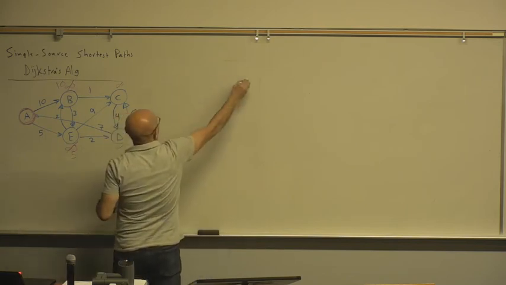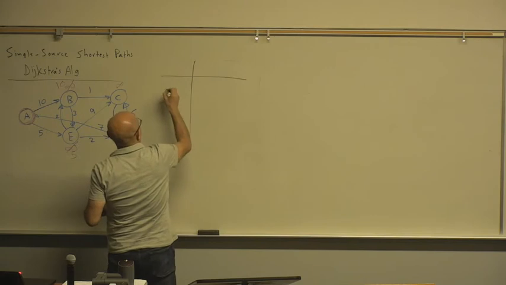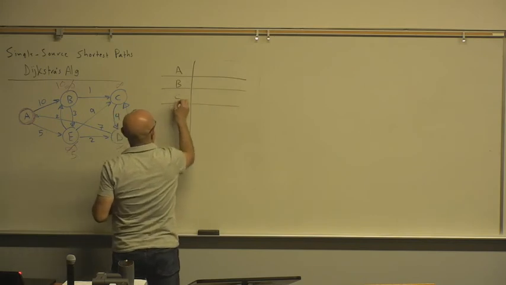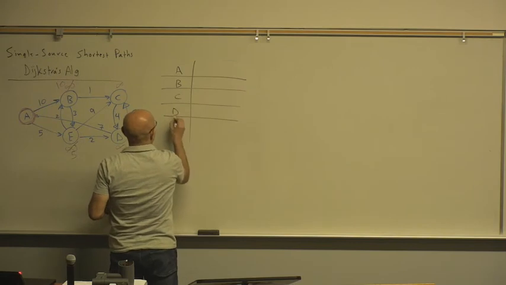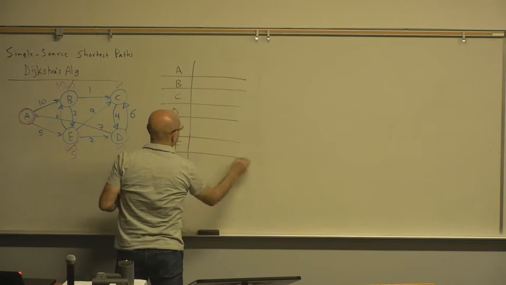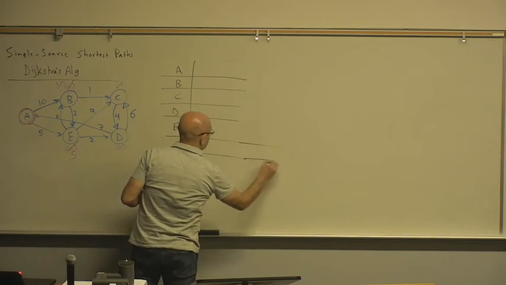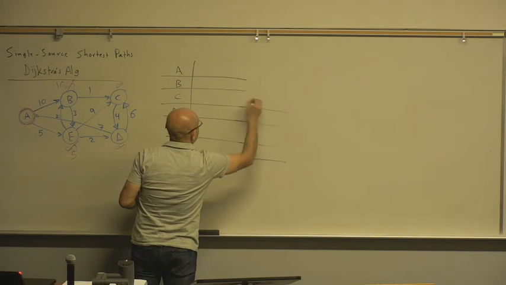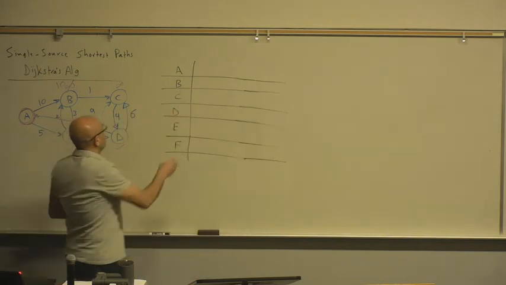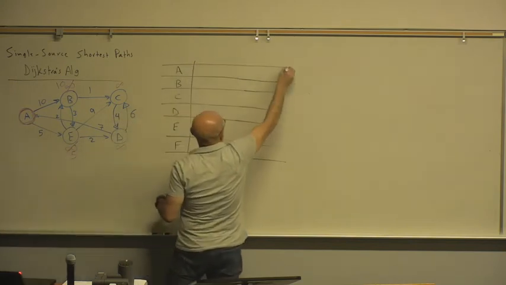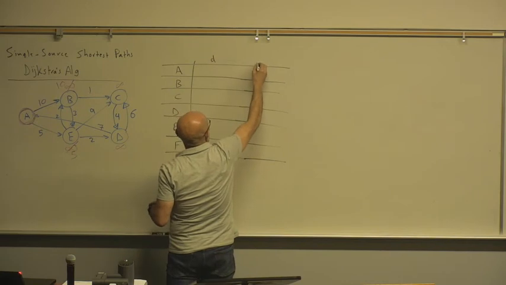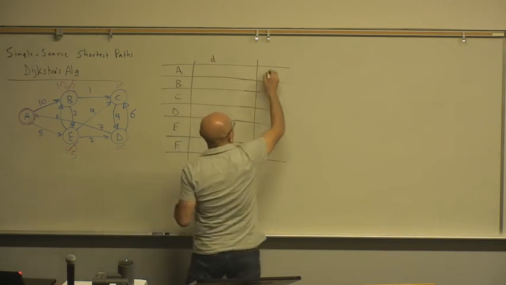So we will put the vertices A, B, C, D, E, and for each vertex we're going to put the distance, the D, and we're also going to put the parent.